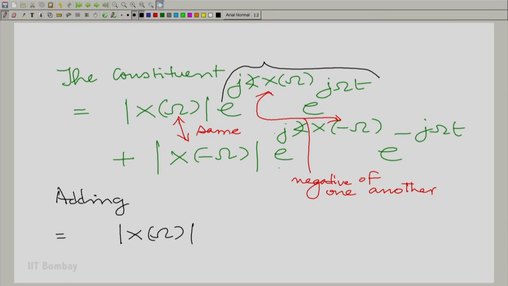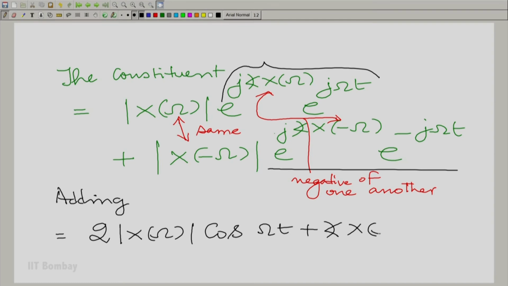This part would be the complex conjugate of that. So, the quantity and its complex conjugate added together gives you 2 times the real part. And how much is the real part of that? Cosine of omega t plus angle X(omega). So, this is one constituent, so to speak.